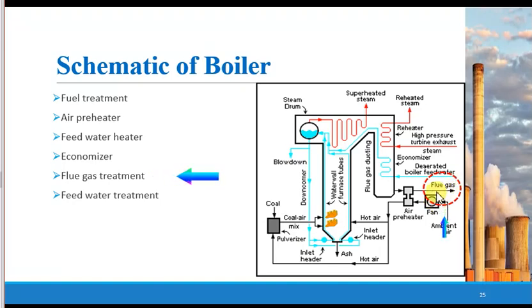When the flue gases go outside, they take some ash, which we have already discussed: when we are using pulverized coal and it burns, the flue gases carry some ash with them, and when the ash goes outside, it makes the environment polluted. So to decrease that pollution, we have to treat the flue gases before they go outside.